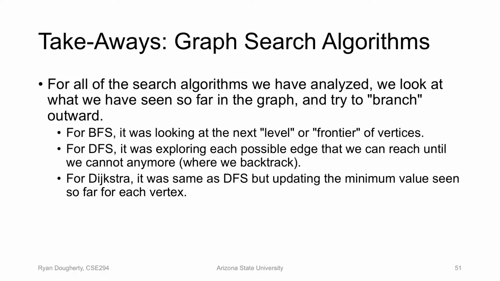And then we update the minimum value for Dijkstra. But the point here is that all of these algorithms have the same philosophy behind them: you start somewhere and you explore the graph in some way. All right. Any questions on all of these search algorithms?